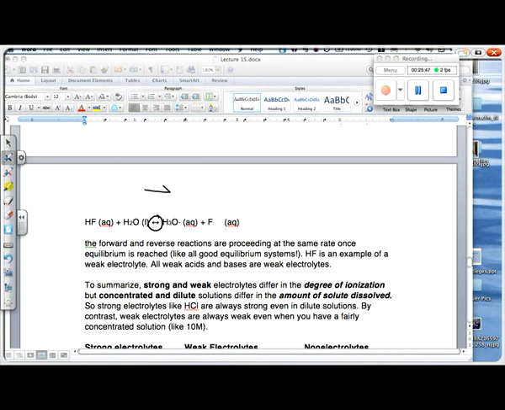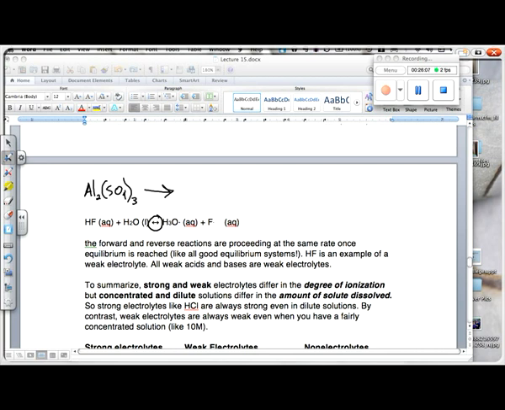Strong electrolytes, every single one of them becomes the products. So let's pick a different one to talk about. Let's talk about aluminum sulfate. It dissolves, so it's a strong electrolyte. Well, I call all ionic compounds strong electrolytes because even with the ones that do not dissolve well, the few particles that do dissolve are all broken apart.